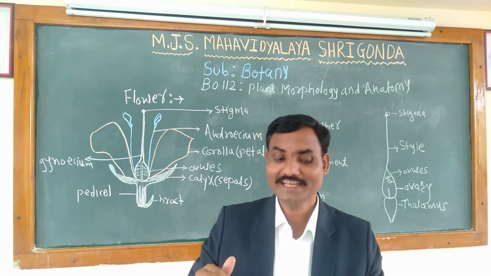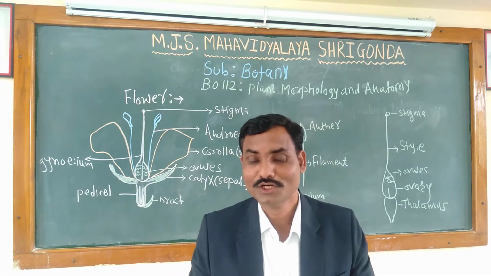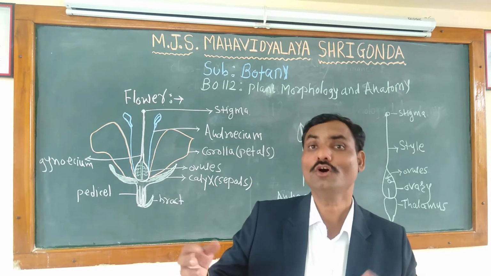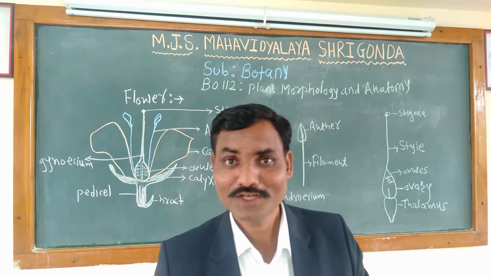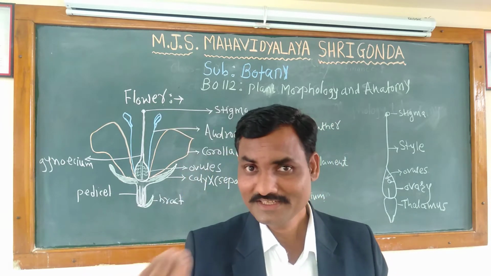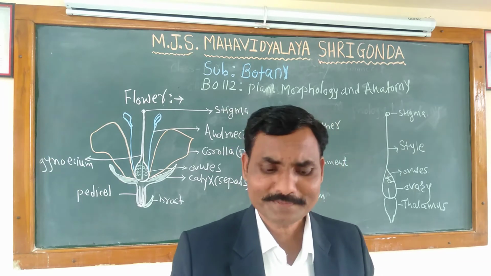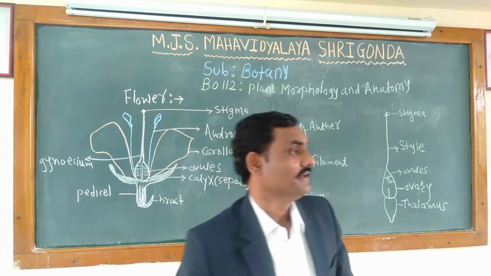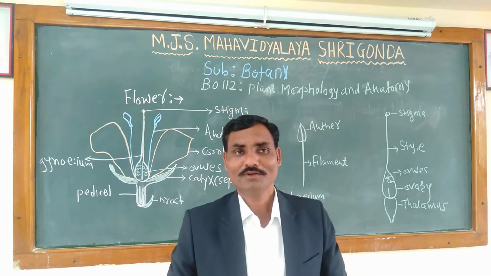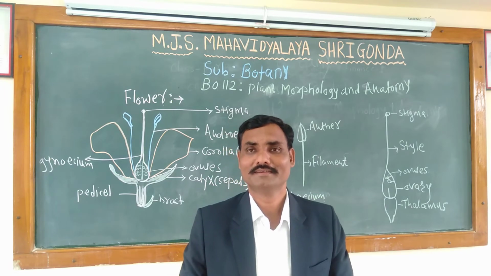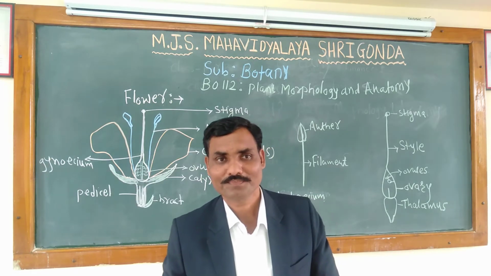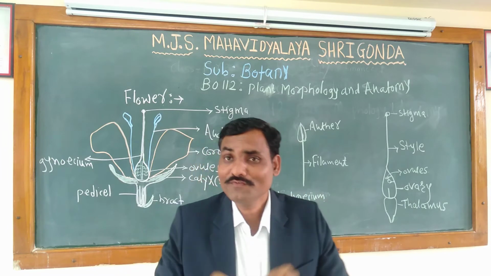These seeds again germinate and develop into a new plant. We know that the seeds germinate and form a new plant. In this way, there are important aspects about the flower.